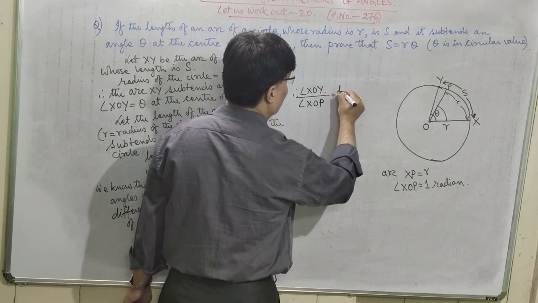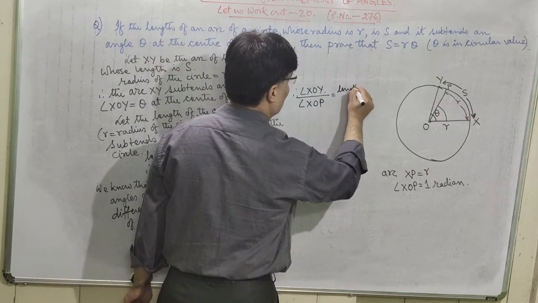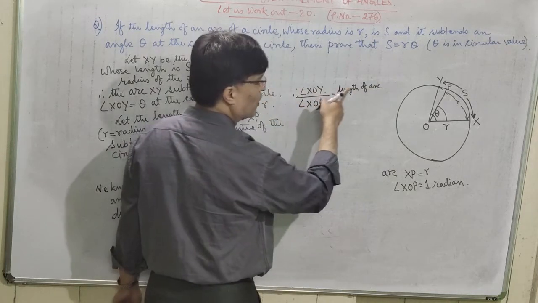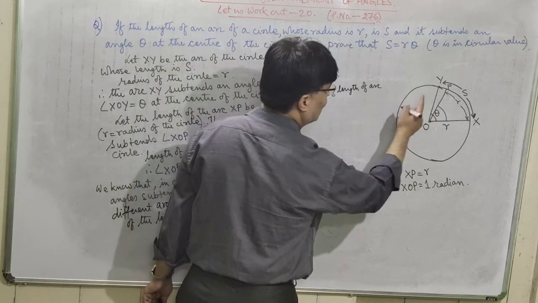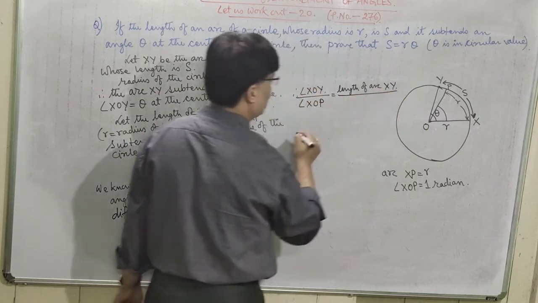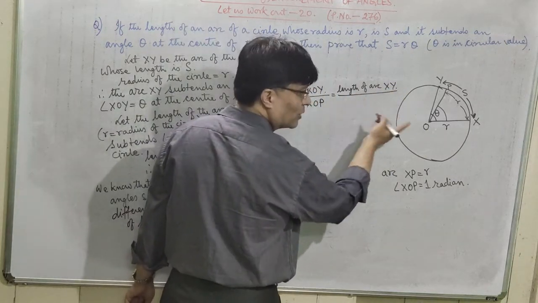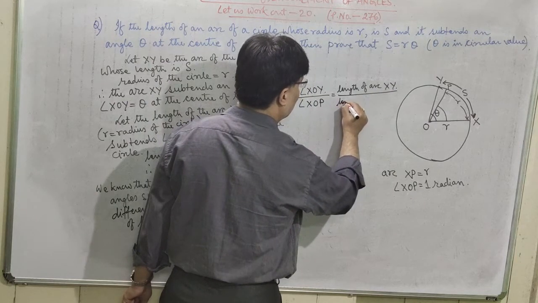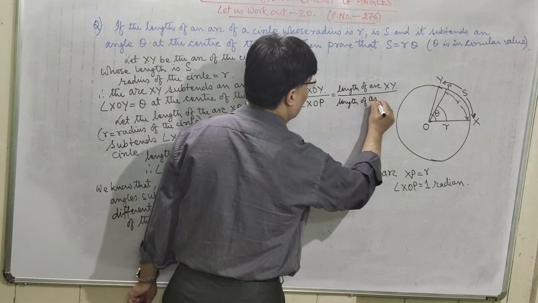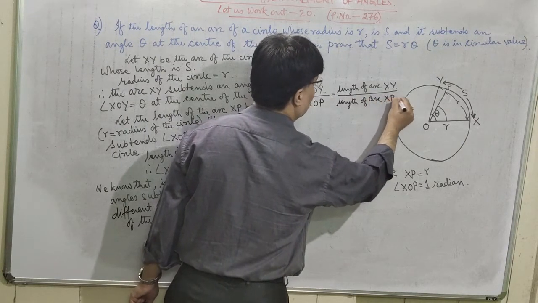So it is equal to the length of arc XY divided by the length of arc XP.